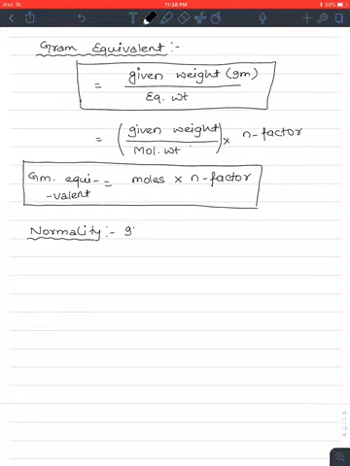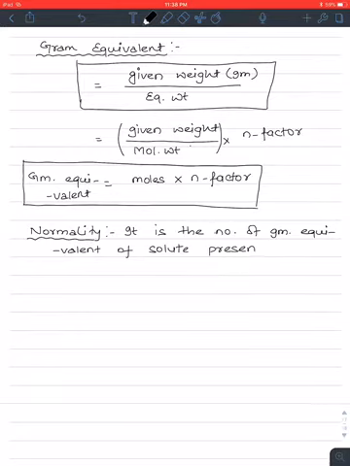So normality is the number of gram equivalent of solute present in 1 liter of solution.